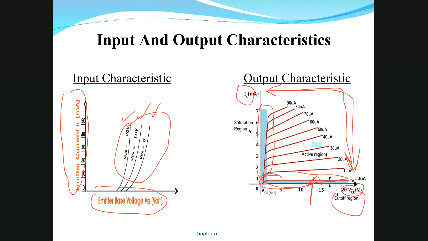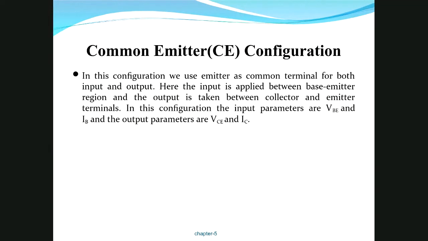Then this is called the cutoff region. Now the one on the left side of your output characteristic is called saturation, where both junctions are forward biased. And this is the most important region, called the active region. In this region, your input is forward biased and the output is reverse biased.